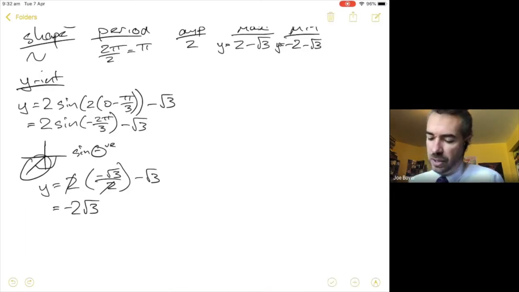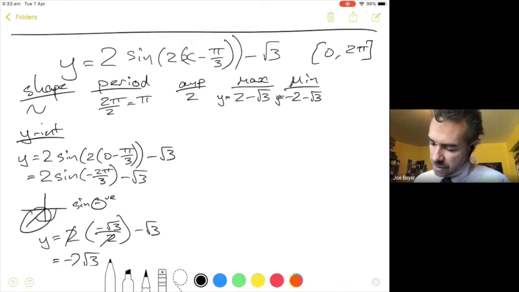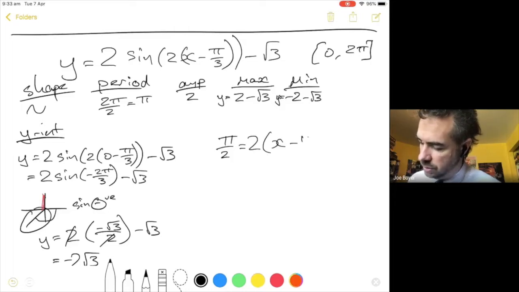So what's the x value of our maximum? Let's remember that the maximum value for sine always occurs at pi on 2, going straight upwards. So to work out where our maximum occurs, I know that pi on 2 must be equivalent to whatever's inside the bracket. So I can solve this equation to work out where my max value is.